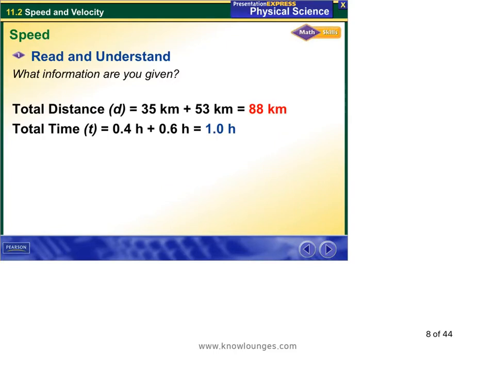In this case, our total distance d is 35 kilometers plus 53 kilometers, which gives us 88 kilometers. Our total time, 0.4 hours plus 0.6 hours, gives us 1.0 hours.